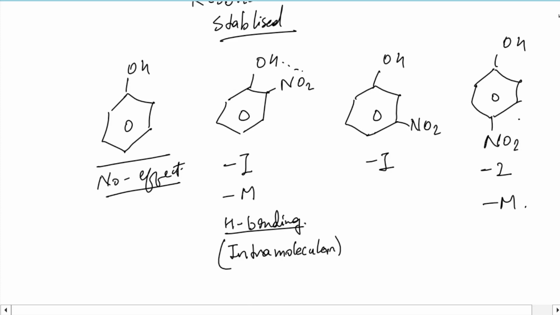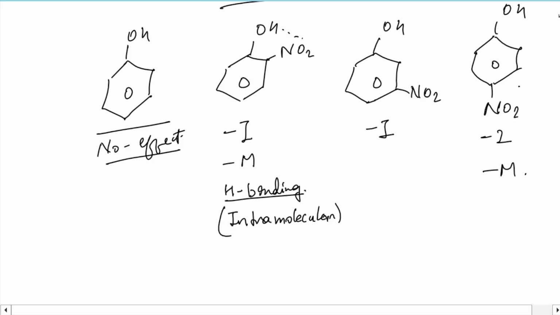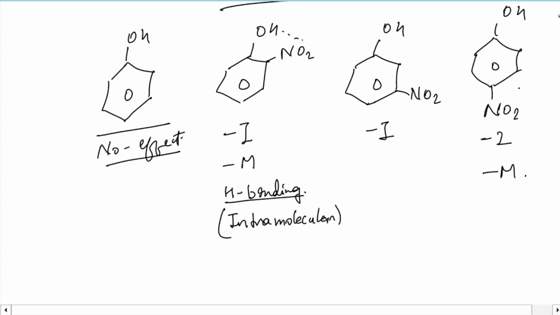If we have not considered the hydrogen bonding in case of orthonitrophenol, then there would have been a different order. Para would have come later, and ortho would have come first. Orthonitrophenol would have been the maximum acidic if we had not considered intramolecular hydrogen bonding.